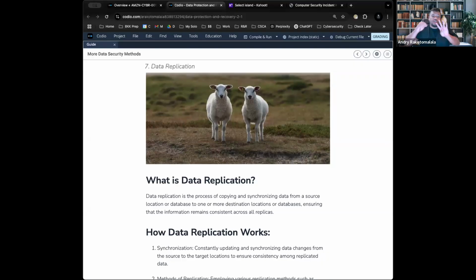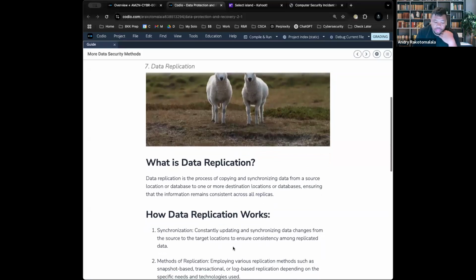Every time I create that test file, it should be synchronized to all 4 backup locations. If I make a change and call it test file 1, that new file should be synchronized to all 4 locations. So the synchronization process is essentially making sure that the data can be recovered and is being put in those backups in real time. Okay, that's the entire process of synchronization.